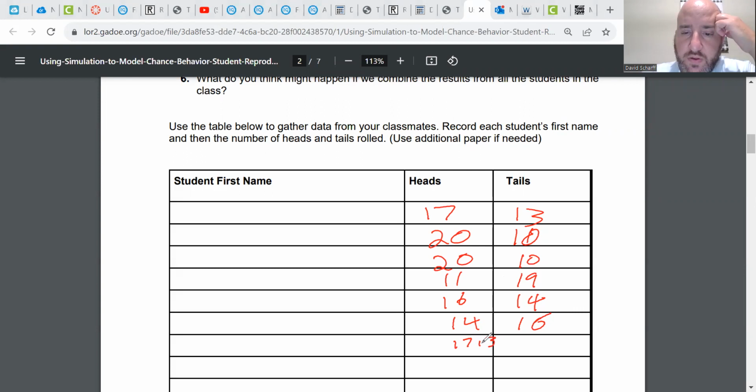So, if we're sitting and looking at it, those would definitely cancel each other out. I'll actually add them up, but just in terms of analyzing it, these two would basically cancel each other out. I have another 17 and 13, but then I have a 20 and 10. So my percentage is actually going to maybe go up a little bit.